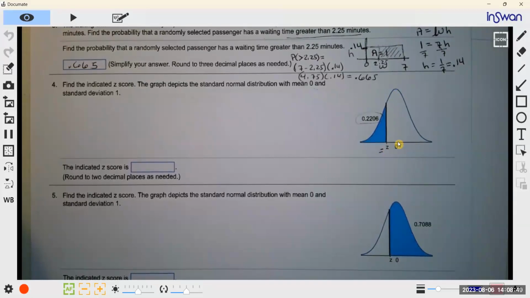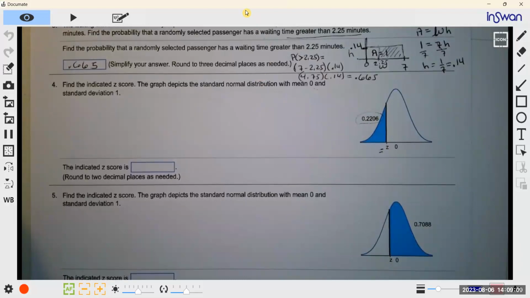So here's the mean. This is the z-score that we're looking for. Remember, since that's 0, anything to the left will be negative, anything to the right is positive. So we have to look at what's the z-score that has this area, 0.2206.